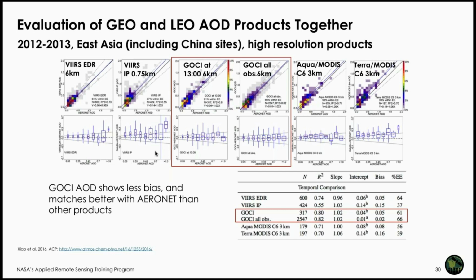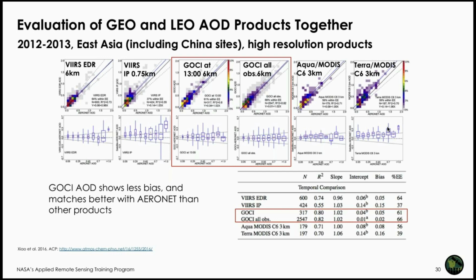During 2012 to 2013 over East Asia, GOCI AOD shows less bias and matched better with AERONET compared to other products like MISR or MODIS. We can see the bias from GOCI is about 0.02 or 0.05 compared to other higher biases here.